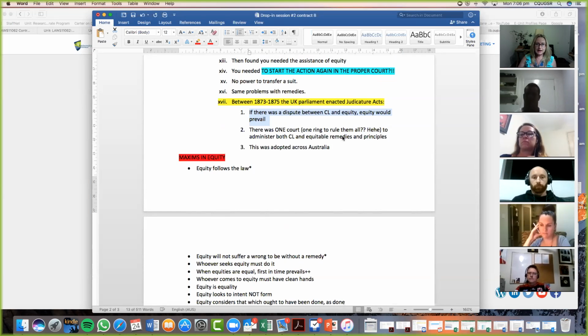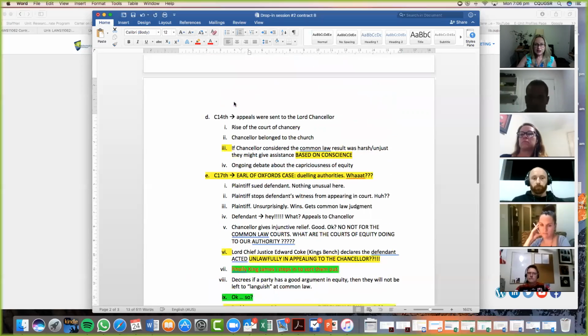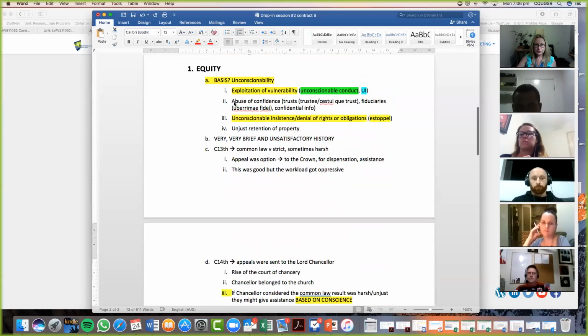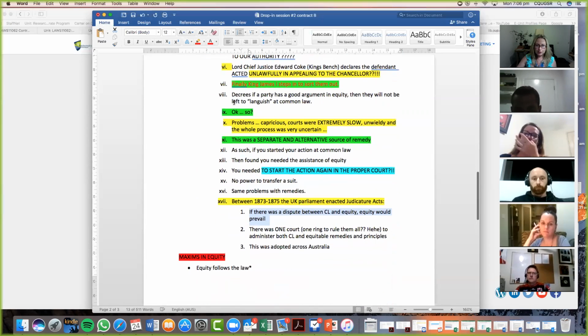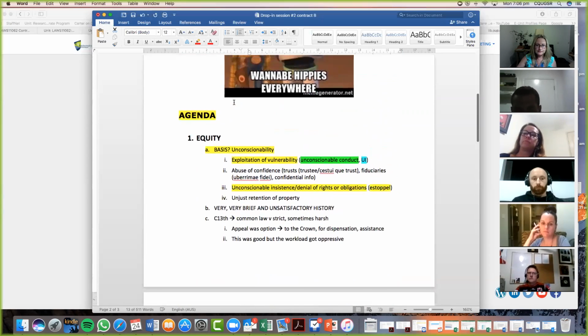Just to hark back here, exploitation of vulnerability is the big one for us. So there's been some form of unconscientious exploitation by a stronger party of a vulnerable, weak party.